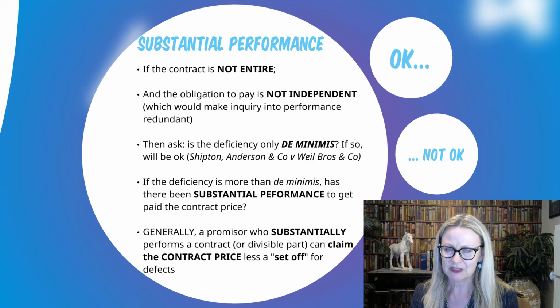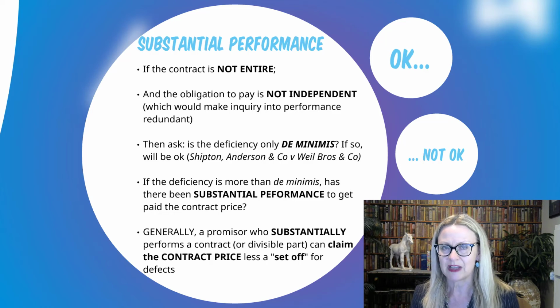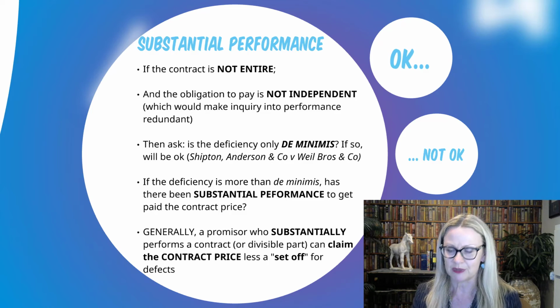Usually, if there has been substantial performance, what you can claim for is not complete payment of the contract price, but payment of the contract price less a set-off for the amount that it's going to cost the other party to fix up your faulty or your client's faulty performance.